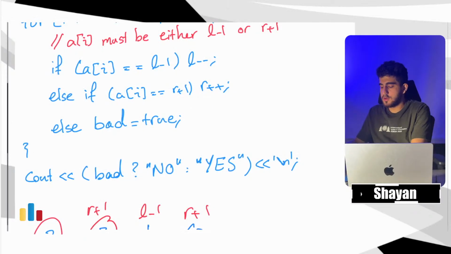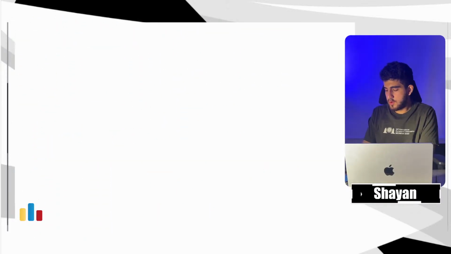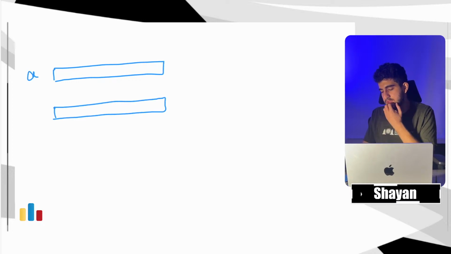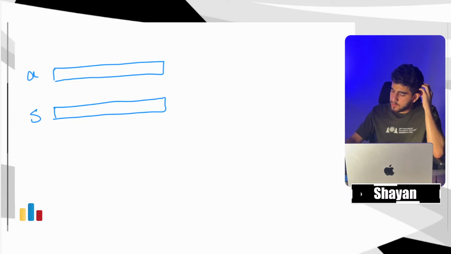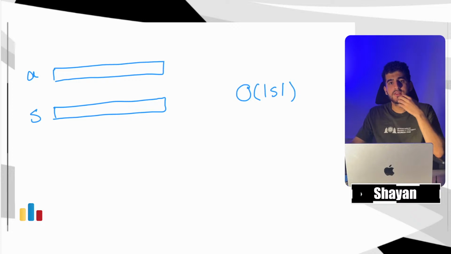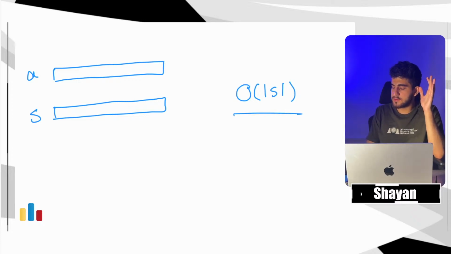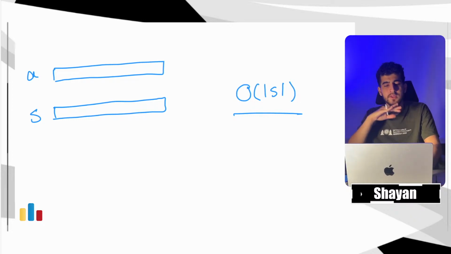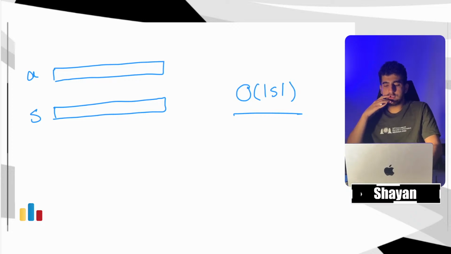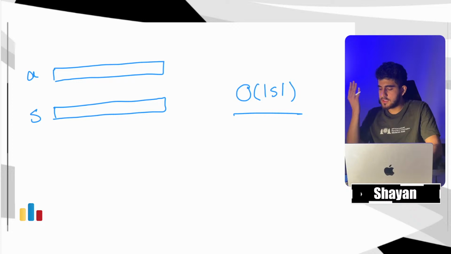So when you have this array, and this is your array A, and assume that this is your string. If for any string we can answer in O of the length of S, then it's okay. We've solved the problem. If we can respond in O of the size of S, it is okay, because the sum of the sizes of S is at most 2 times 10 to the 5th. So what I can do here is this.